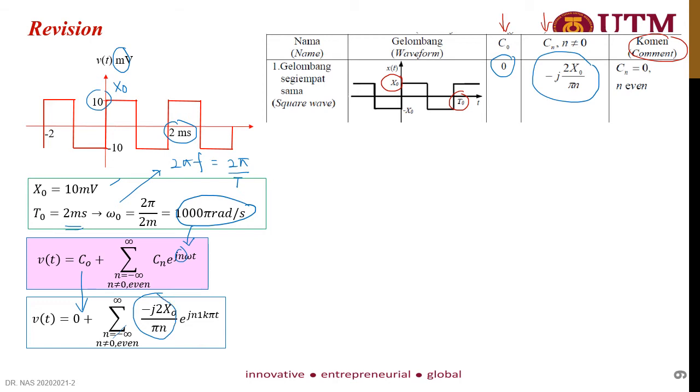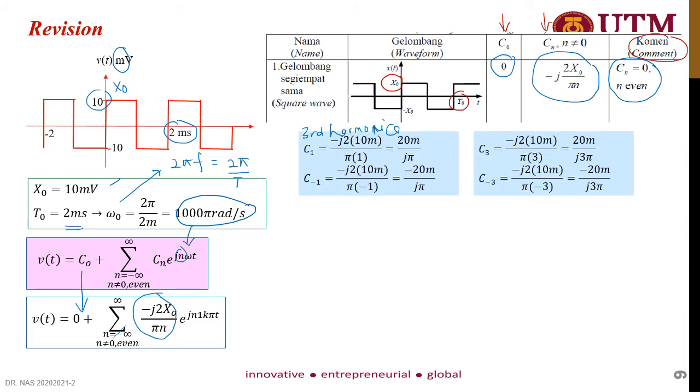Okay, so assume that the system works up to third harmonics. So you need to consider n equal to 1 and 3, because if you look at the remark, Cn will be 0 if n is even, so you don't have to consider n equal to 2 or negative 2.